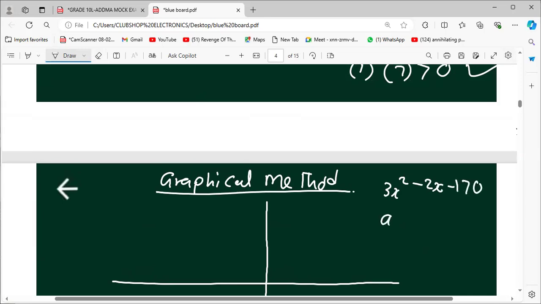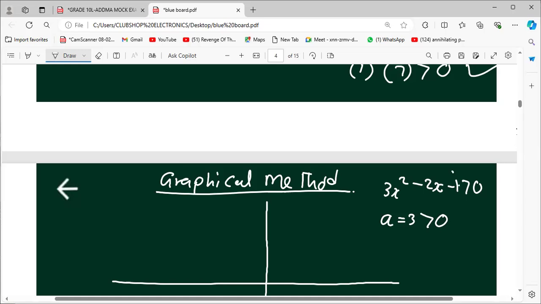When you look at our a, it is greater than 0, so it means the graph will have a minimum turning point, and the y-intercept is negative 1.